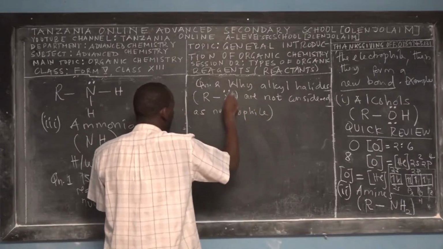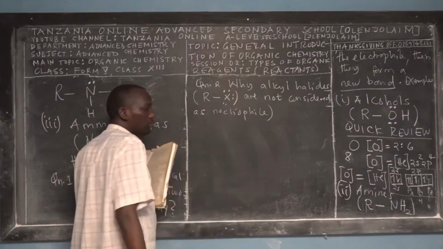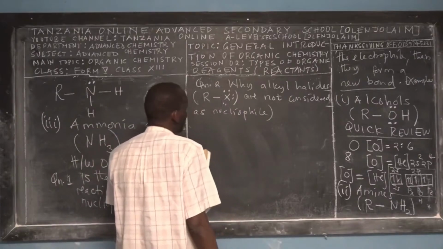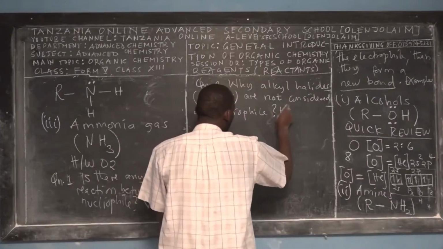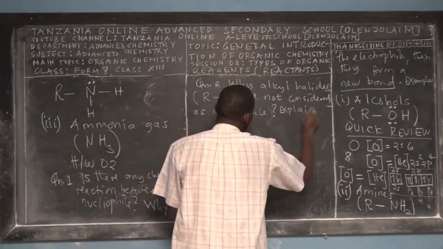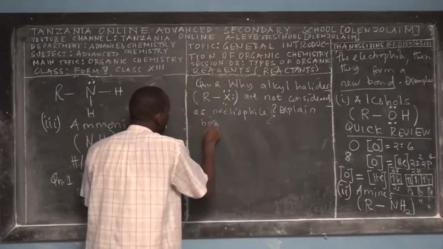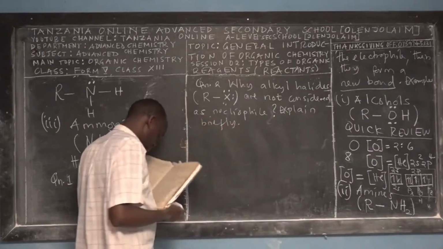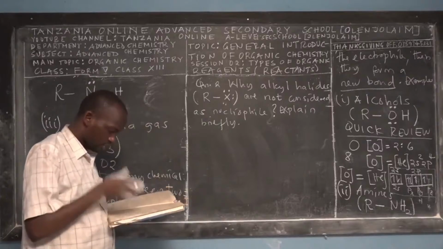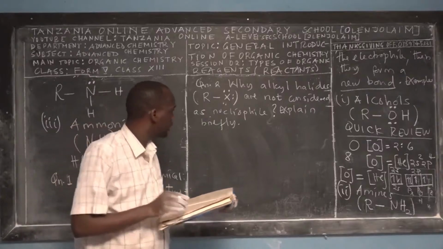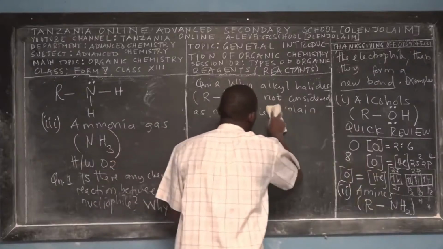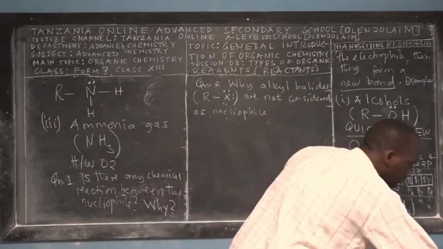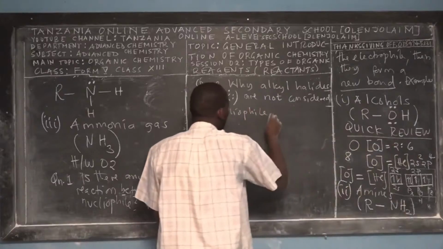Now remember that halogens have 3 lone pairs, right? Are not what? Nucleophiles. So explain briefly. You have to make sure that you do this homework before we meet. Okay? I didn't finish. Halogen is not considered as a nucleophile. Why?